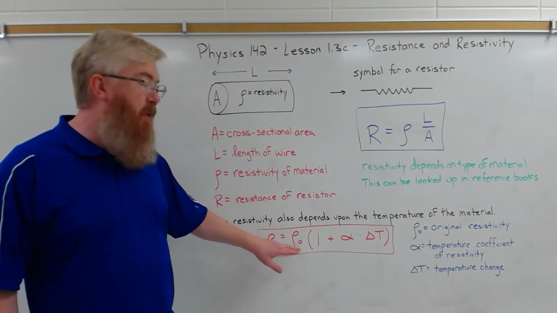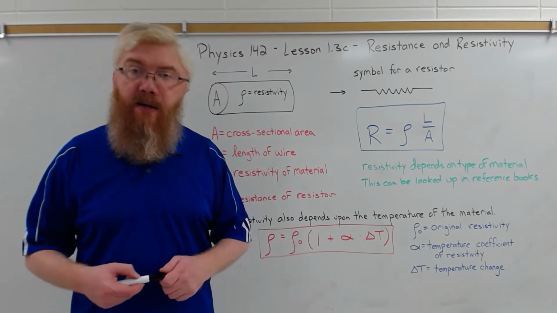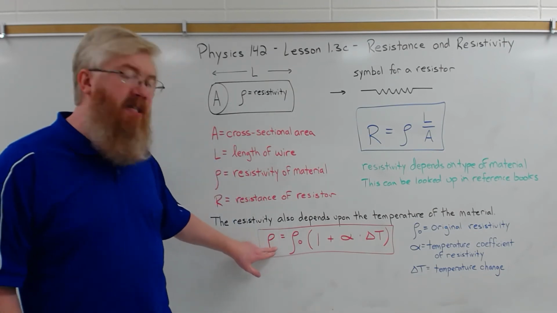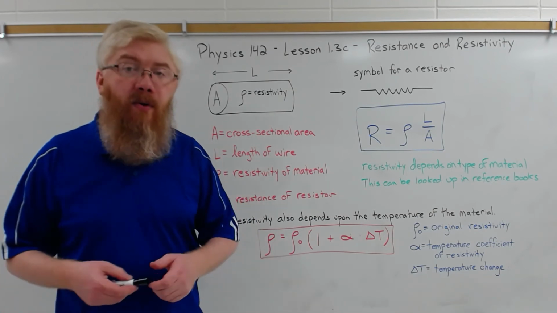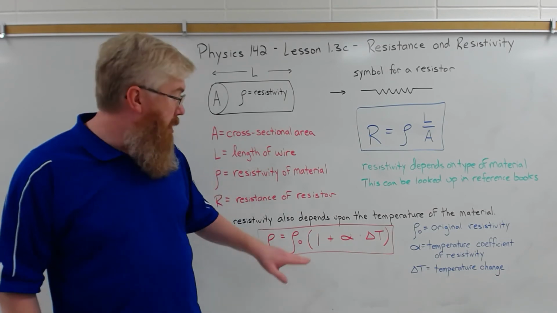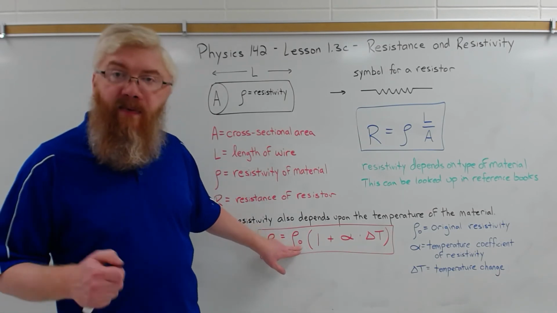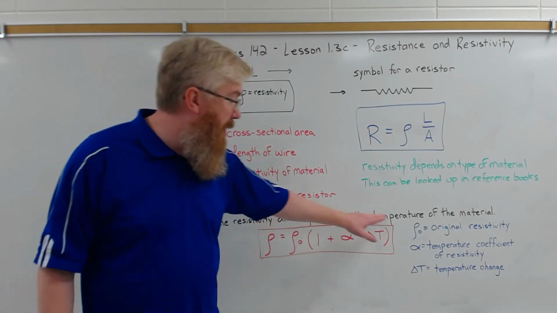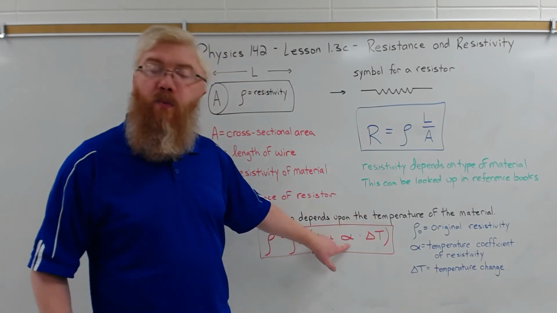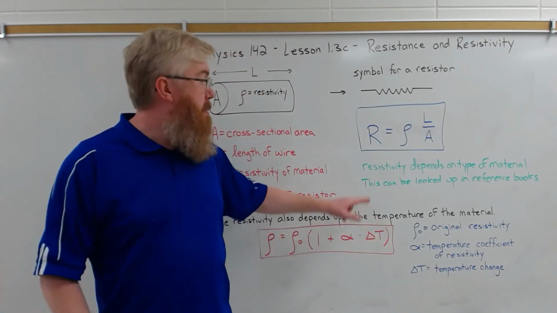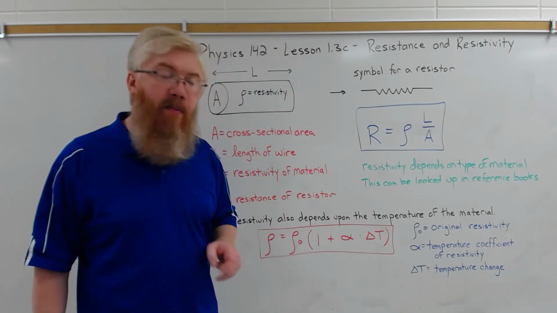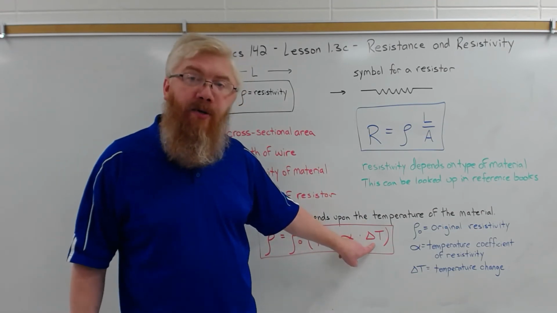So for example, let's say rho naught was measured at 25 degrees Celsius. You want to know what the resistivity of the material is at 100 degrees Celsius. Well, you plug in the resistivity of the material at 25 degrees Celsius, multiply that by 1 plus whatever the alpha temperature coefficient is for that material, times the change in temperature.